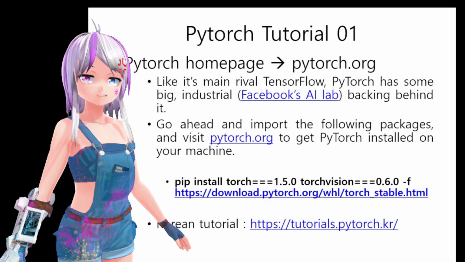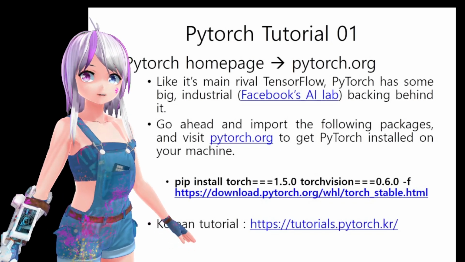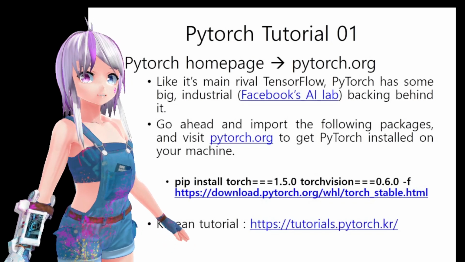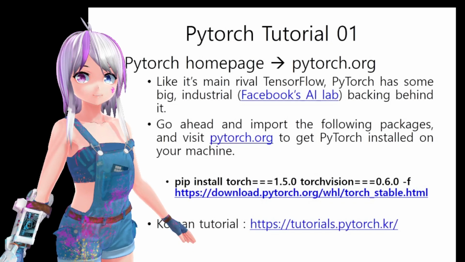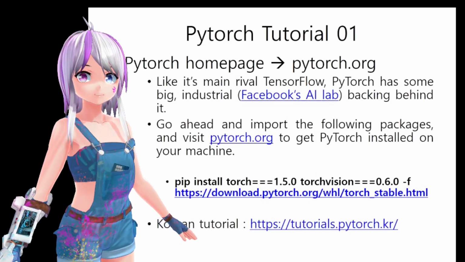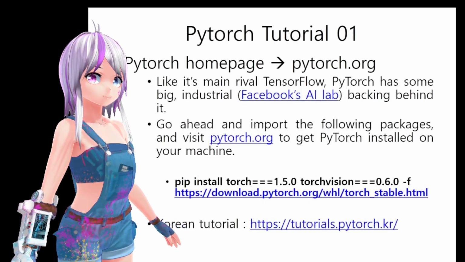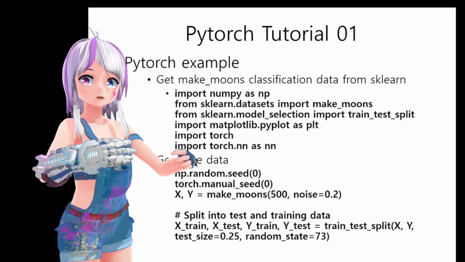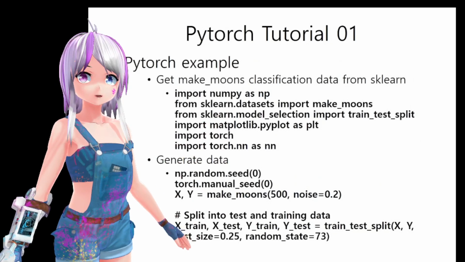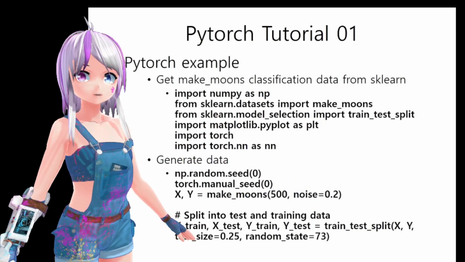Okay. Also, you have a nice PyTorch tutorial. If you go to the homepage, at the bottom here, if you take a look at this PyTorch example, there are so many examples, but I picked this one.